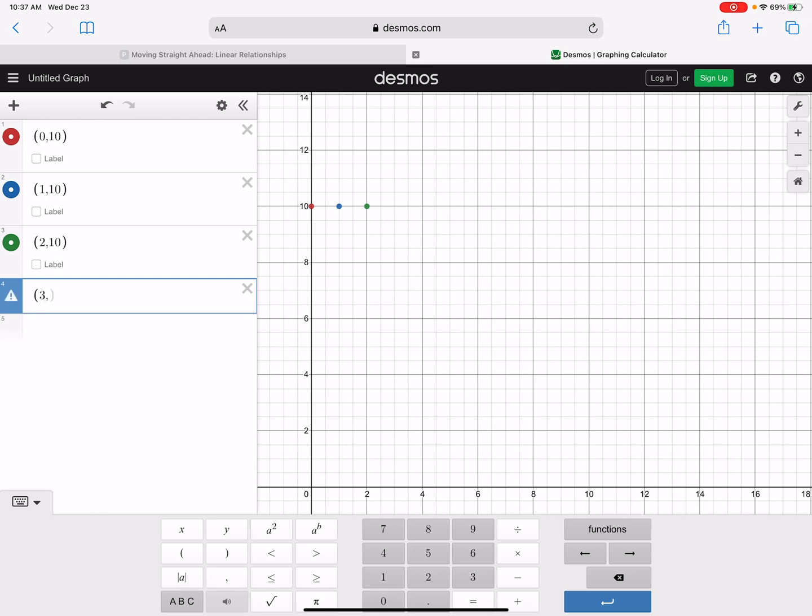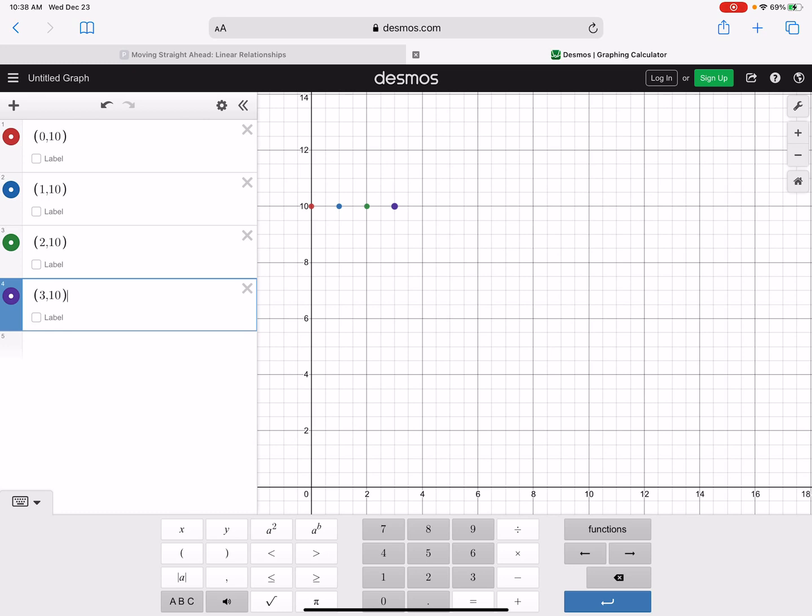I've got 3, 10. And I'm going to stop there because when you graph, you do not need more than 3 points. Okay? You can do 2 points, but always use 3 just to be safe. And this is for linear equations. This makes a straight line. As you can see, these points line up in a straight line.